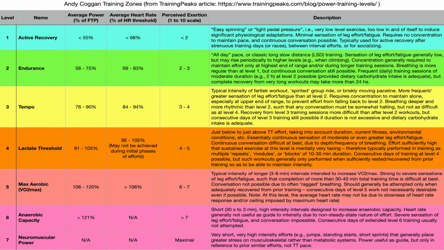I do use training zones, but I don't really worry too much about which training zones I'm using. I tend to use whatever the athlete that I'm coaching has set up in Training Peaks if they're comfortable with those zones, and if they're not, I tend to use the Coggan zones. I quite like the Coggan zones because they're fairly simple.